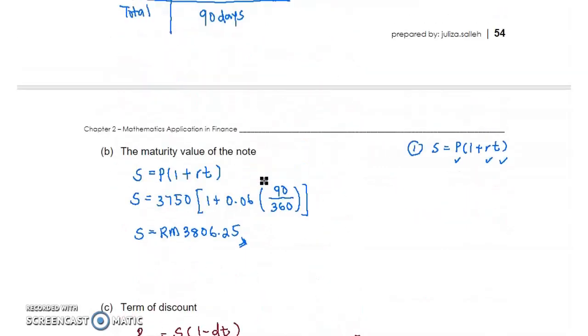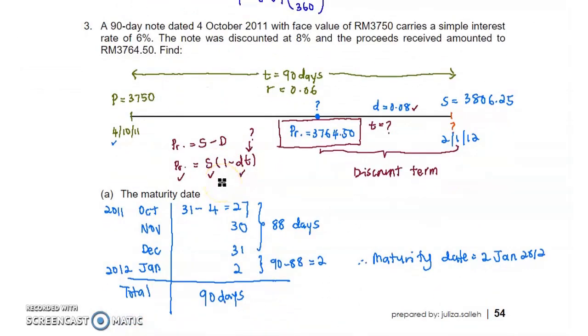Okay, next question, the discount date. So when is the discount date? So we know that here is 50 days. So now work backward. 2nd January here, backward 50 days. When is the date? This now January, this is 2012 right now, backward. So backward here will be 2011. December and then November.